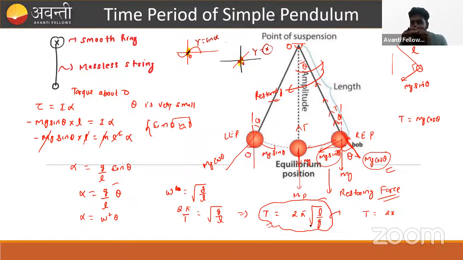Suppose we place our simple pendulum in an accelerated system, then what about this g? In such a case we put the value of g effective. We also have to understand this concept in mechanics. So the time period can be written as 2 pi root over L upon g effective.